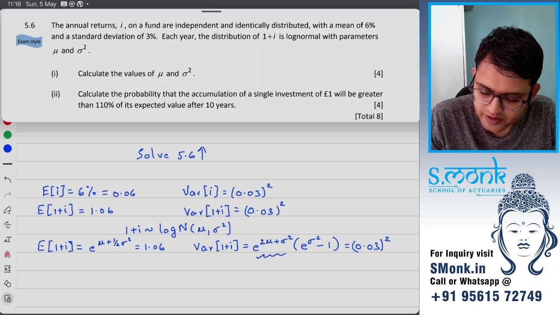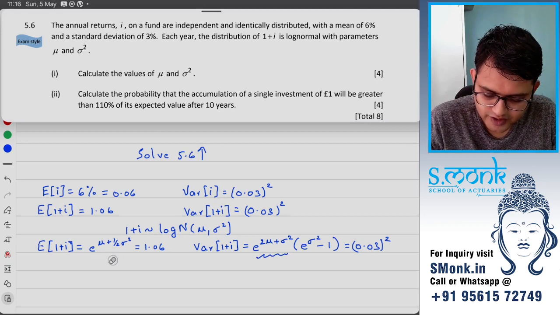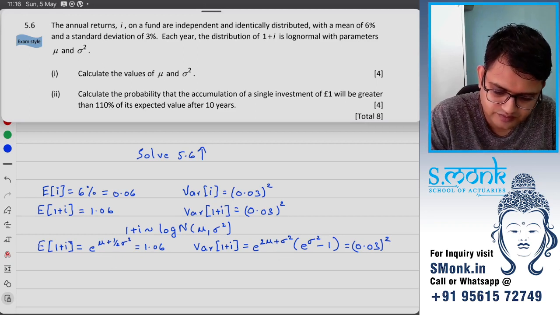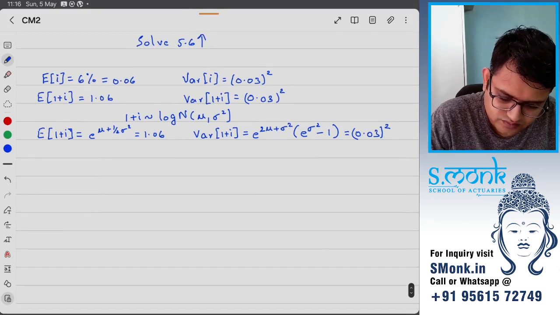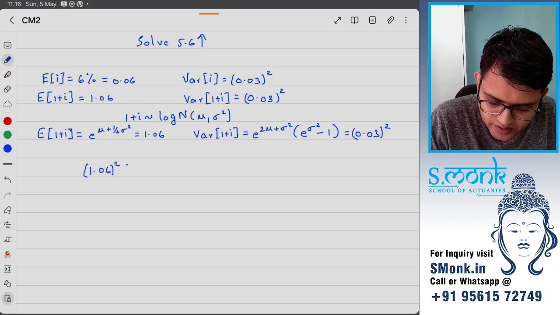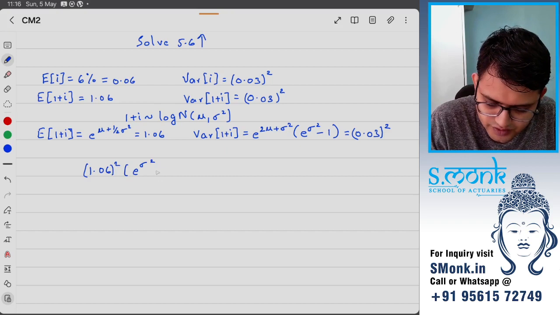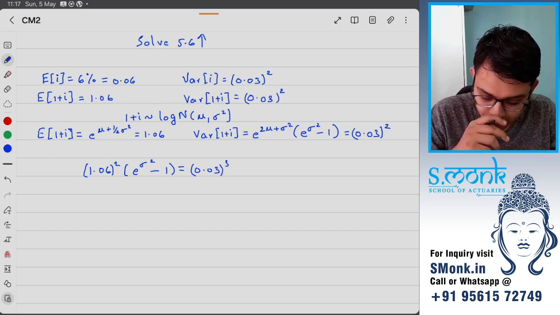Now this part is just the square of this part, so I can substitute that. Let's say 1.06 squared times e raised to sigma squared minus 1 equals 0.03 squared.